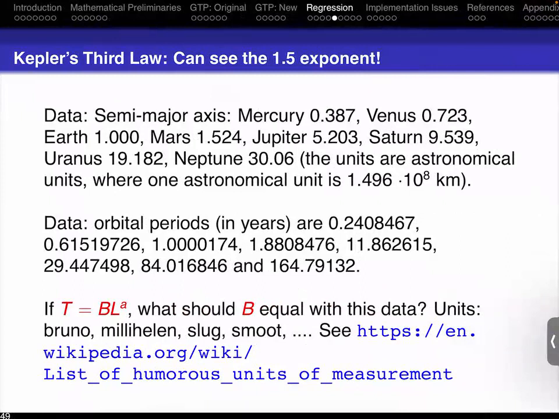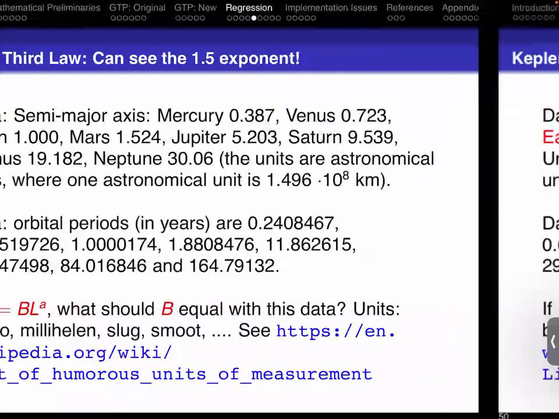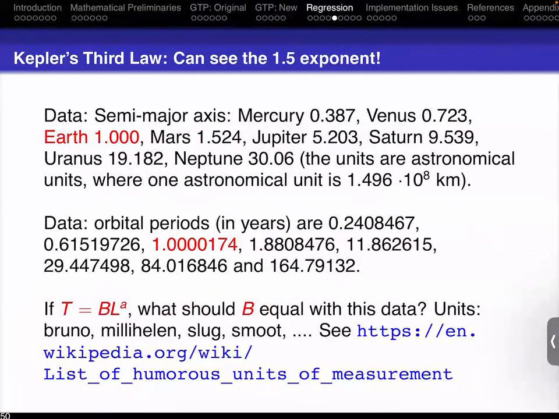So when you look at this, there is one planet that should be special when you look at its distance and its period in terms of trying to figure out what that constant b should be in T equals b L to the a. What planet should we look at? Earth, right? These are deliberately designed so that the units work out very nicely for Earth.